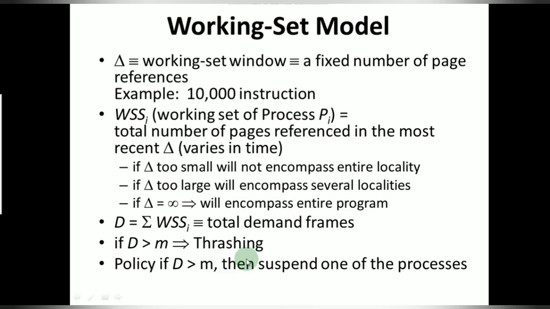That is, I repeat, if M is the number of frames available in memory, and the demand is greater than M, then definitely it is going to thrash and it is better to suspend one of the processes. We should always see that demand is less than or equal to M. If there are enough extra frames, then some more processes can be loaded in the memory.